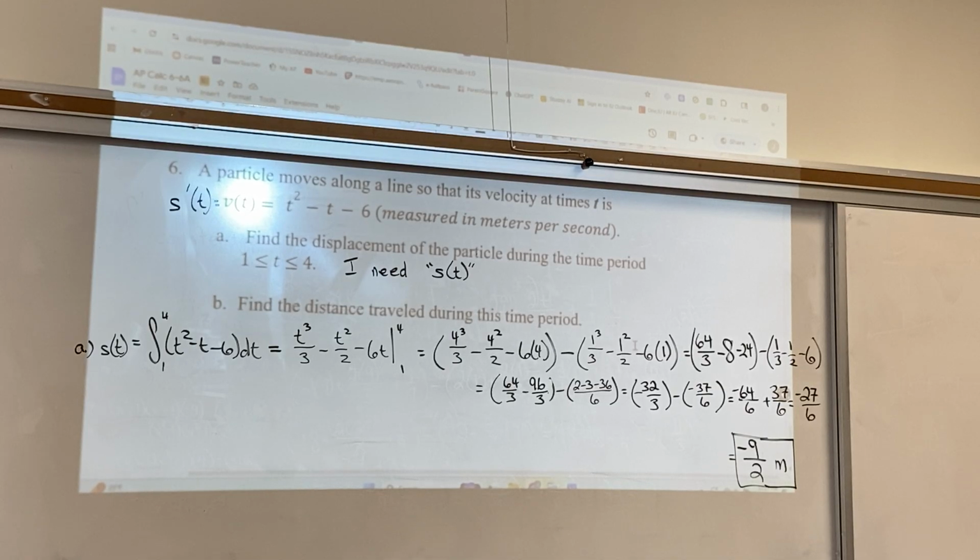Where was it turning negative is what I have to figure out. Does anybody know where between 1 and 4 it was turning negative? Because that's the part I have to add back.